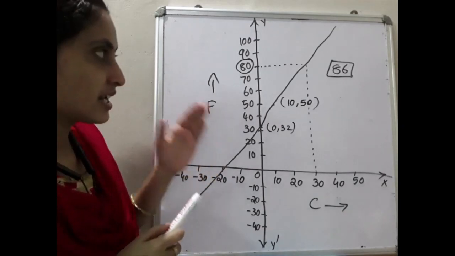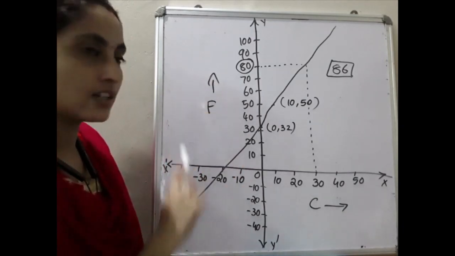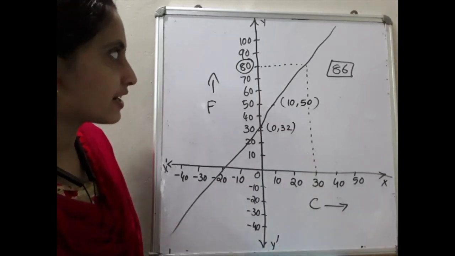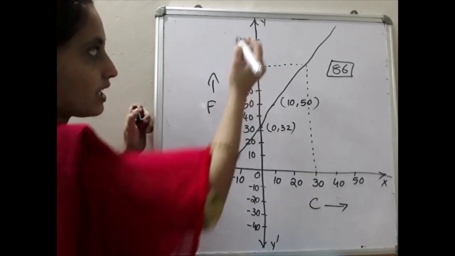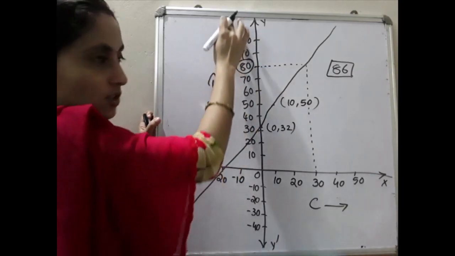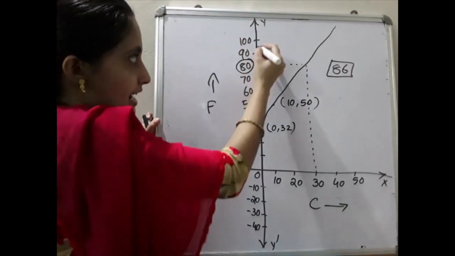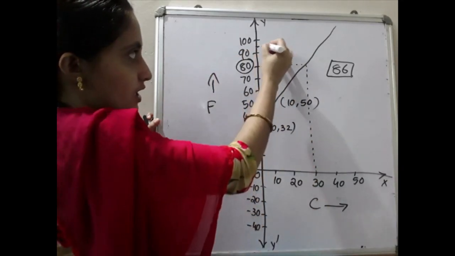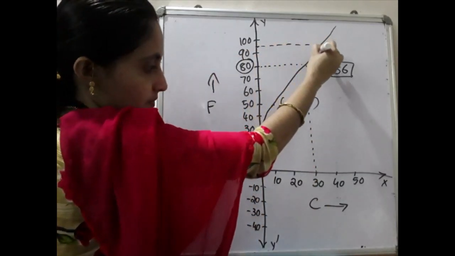That's okay. So is it clear how to find the value? Yes. The second question is, if the temperature is 95 degrees Fahrenheit. 95 in Fahrenheit means you have to go through the y-axis. 95 is the middle value. So you have to find the corresponding Celsius value. So like this.